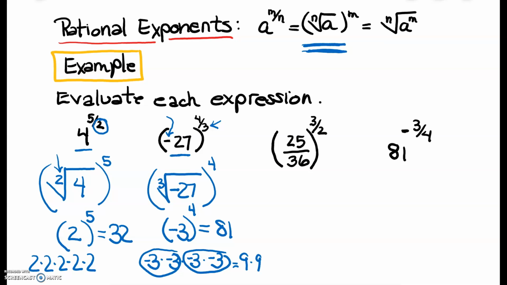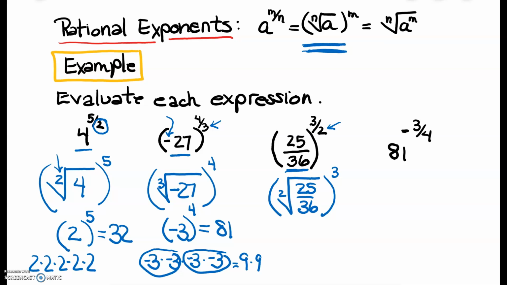All right, so now my base is going to be the fraction 25 over 36. So let's go ahead and write my base inside my radical. My index is going to be 2, so I'm taking the square root, and then I'm cubing that answer. Well, I know the square root of 25. When you find a root of a fraction, you find the root of the numerator and find the root of the denominator.